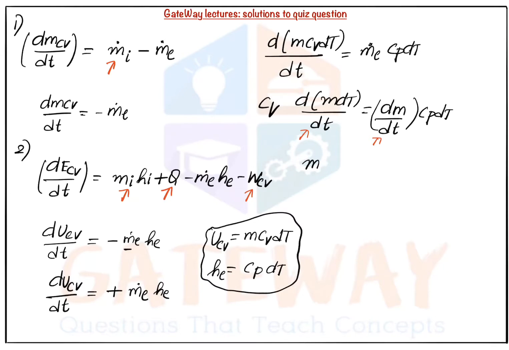A small correction here. It is not dT, it is just T, because it is not a change term, it is not du. It is not dh, it is h, so T. Then here also we'll get the same correction.